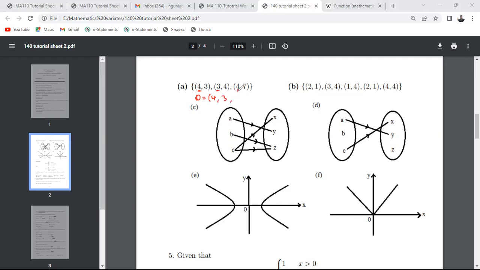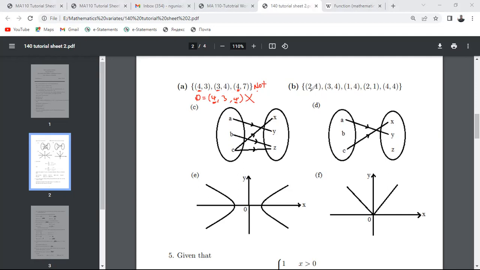And then we have 4 again. So this is not a function. Why is it not a function? 4 has appeared twice. It means 4 is mapping to 2 different numbers. 4 is mapping to 3 and the same 4 is mapping to 7. So this is not a function.